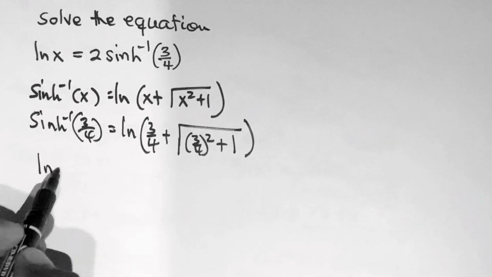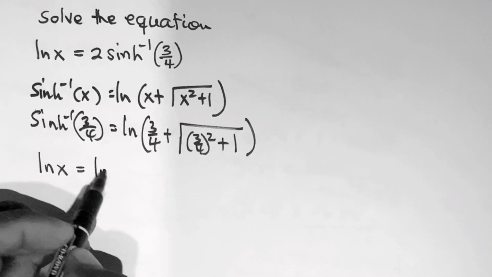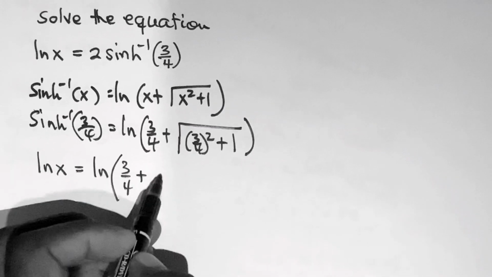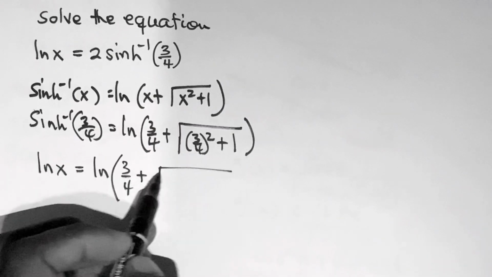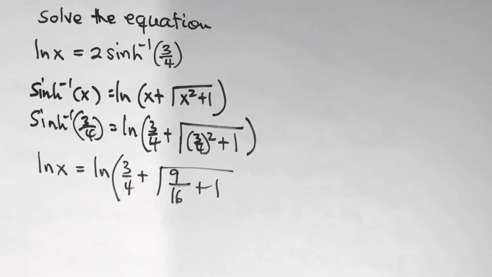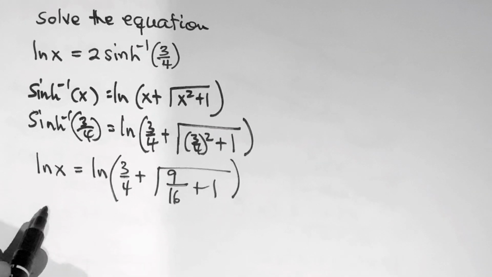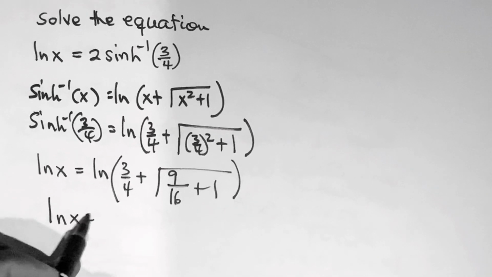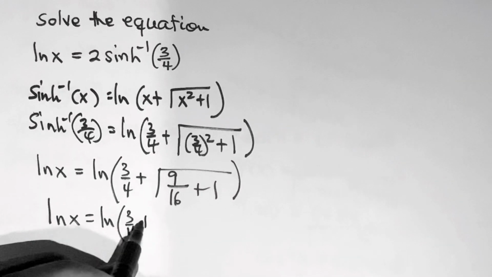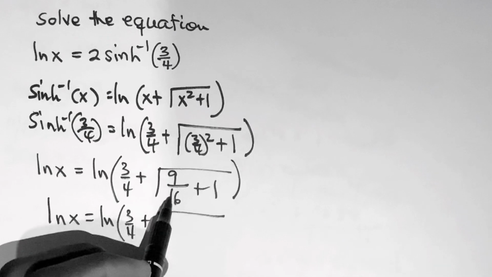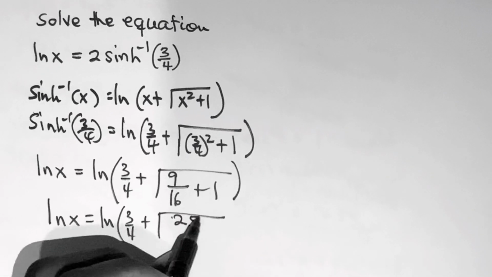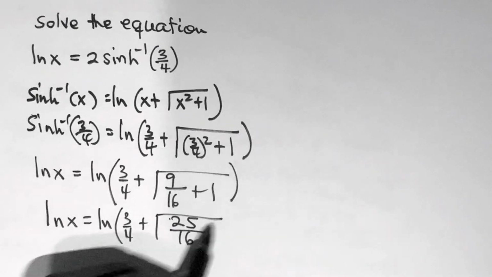So therefore, ln x is equal to natural log of 3 over 4 plus square root of 3 squared is 9, then 4 squared is 16, plus 1. So ln x is equal to natural log of 3 over 4 plus square root of, now 16 times 1 is 16 plus 9 is 25, so it's going to give us square root of 25 over 16.